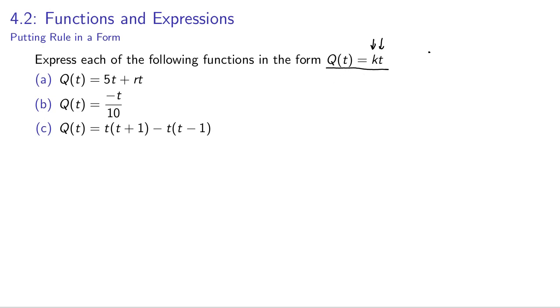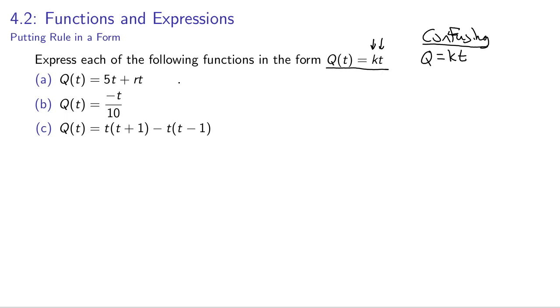Again, unfortunately, the book does not use function notation and doesn't put the t in parentheses next to the q to indicate q is a function of t, which is very confusing, and I'm sorry about that. But it's just the fact of how we often have confusing notations in math. Here it's kind of assumed that you recognize k as a constant and t as the variable. I like to make that explicit.